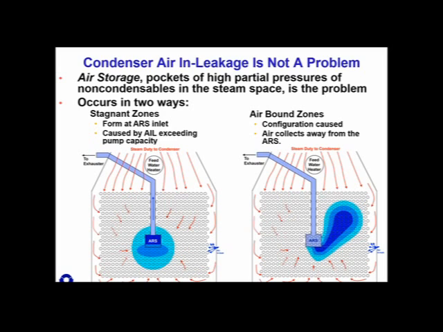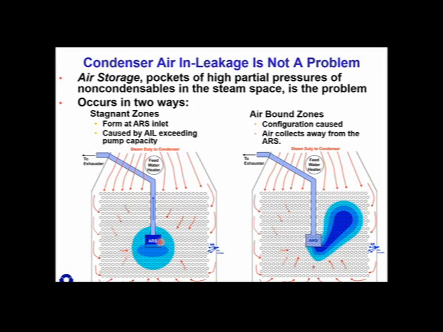And so this air storage can occur in two different ways. The first way is what we call a stagnant zone. All condensers have this type of stagnant zone. It's where air concentrates in the air cooler section, in and around it, and it forms there. And when air leakage is high, this bubble gets bigger.